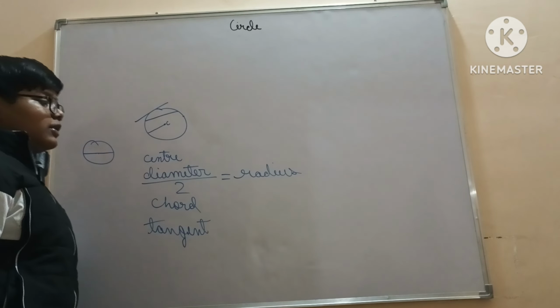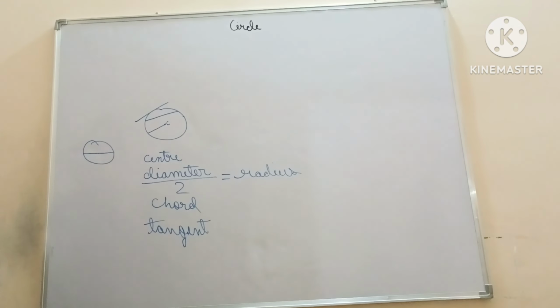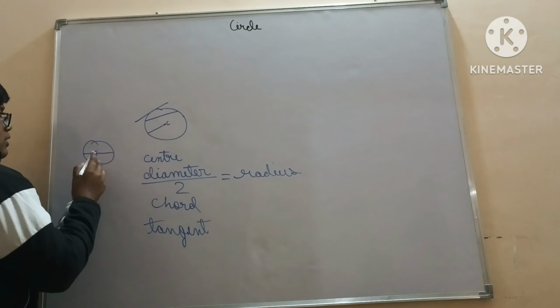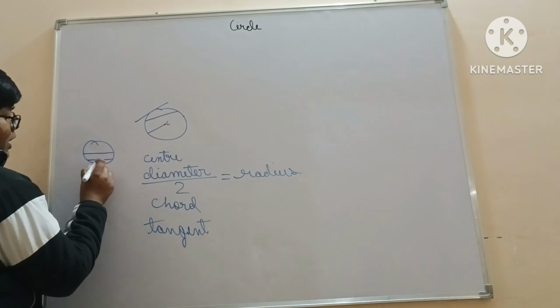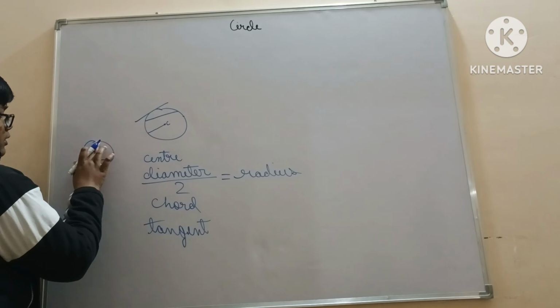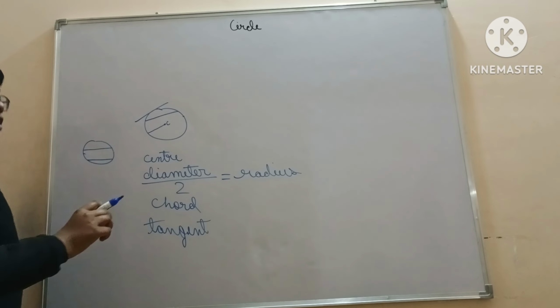Now these four things are very common in the circles chapter. Now, if we erase this diameter and create a line here, these are two chords.